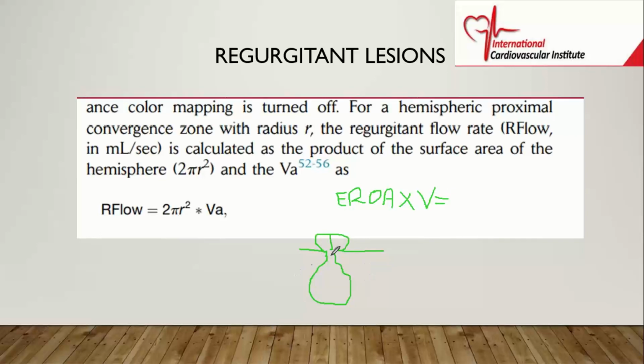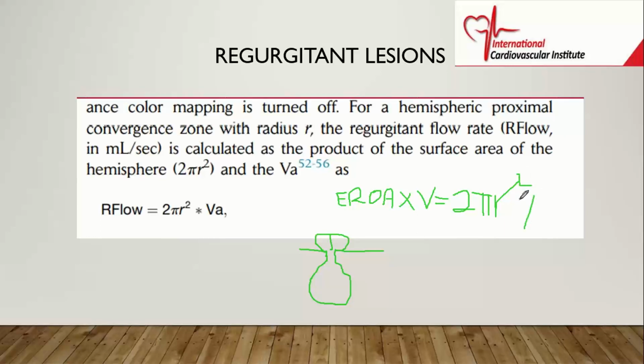So that's the velocity. And this flow is equal to the flow convergence. The flow convergence, again, is cross-sectional area, but this is a hemisphere. So the area of a hemisphere is 2 pi r squared, 2 pi r squared.